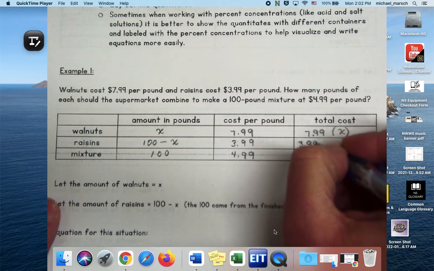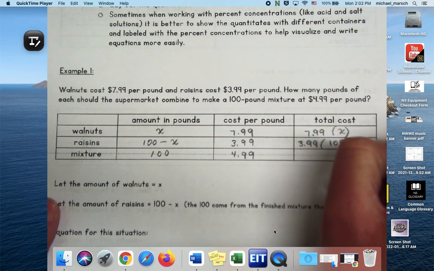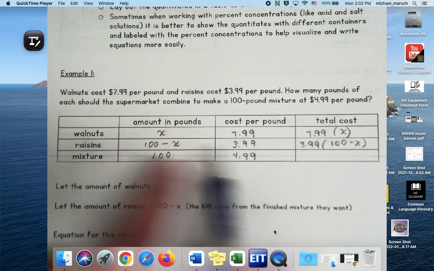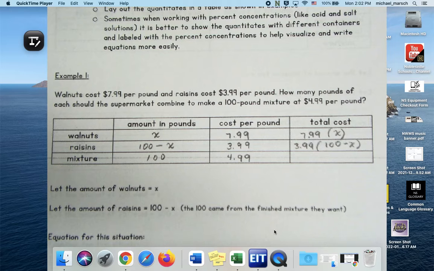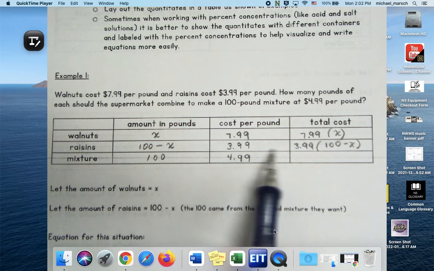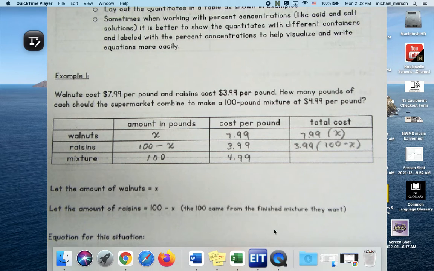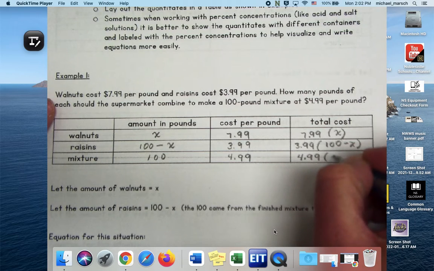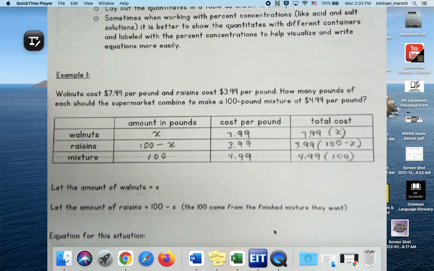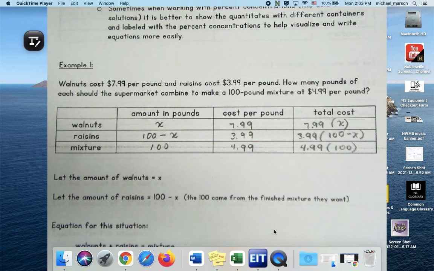It's $3.99 times the quantity, 100 minus X. $3.99 times this will be the total cost of the raisins. So I'm just basically multiplying across. And then our total cost of our mixture, we want that to be $4.99 times 100. Everybody's with me? Kind of. Yeah. Okay. I'll take kind of.